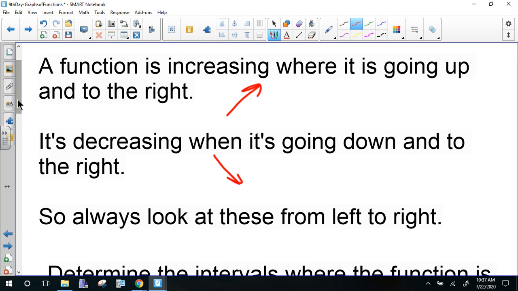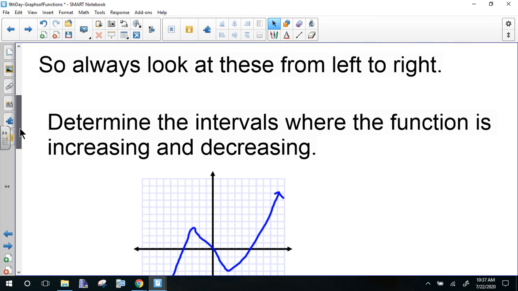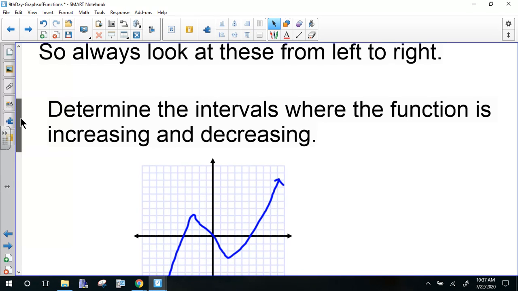It could be increasing at multiple points or multiple parts of the graph. Same for decreasing. You can have more than one section increasing and decreasing. So we always look at these from the left to the right. Okay? So we're going to determine the interval where the function is increasing and decreasing.